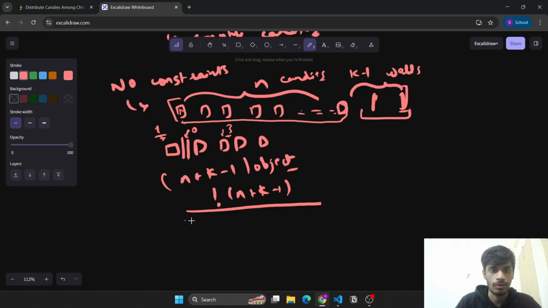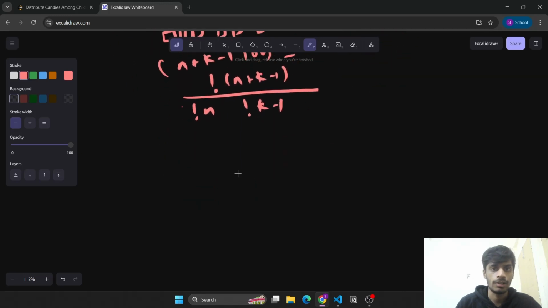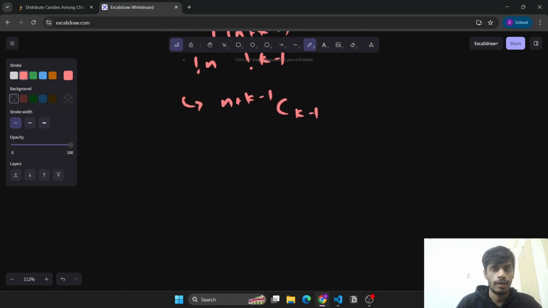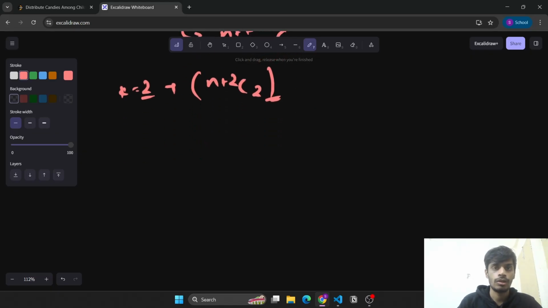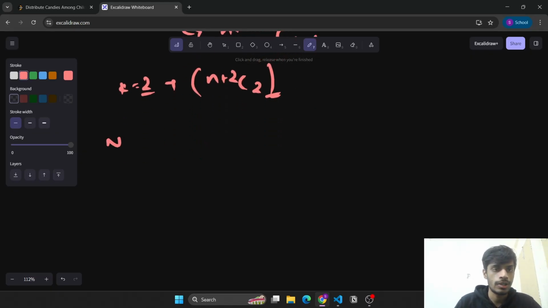So it would be factorial n into factorial of k minus 1. As we can see, this is simply n plus k minus 1 C k minus 1. And now here we have k equals 2, so this reduces to n plus 2 C 2, right? So if no constraints, then the ways are n plus 2 C 2.